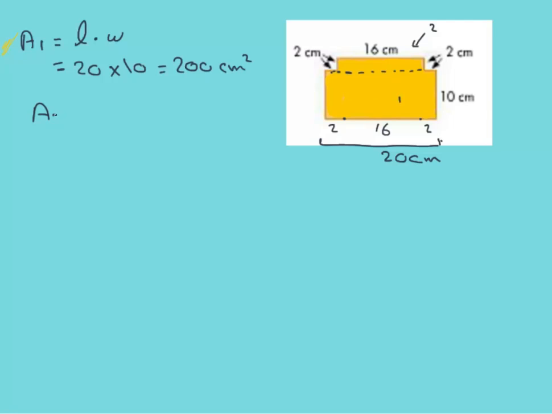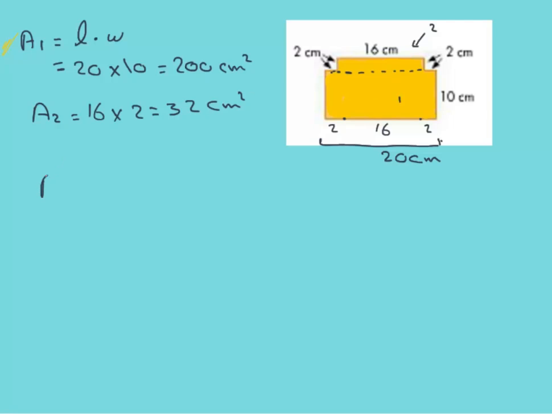Now the second area here, the width is 16. Multiply by the other, it's 2. The answer is 32 centimeter square.